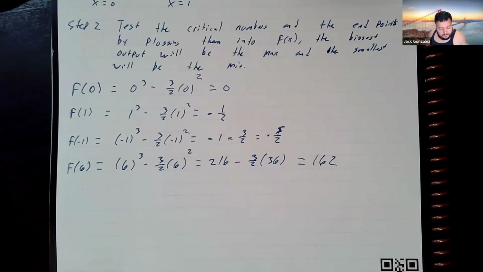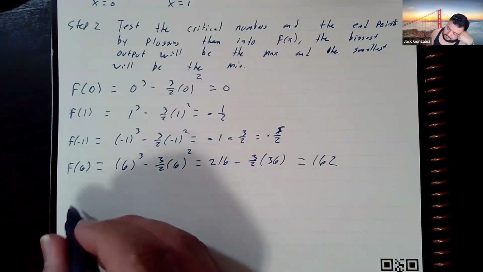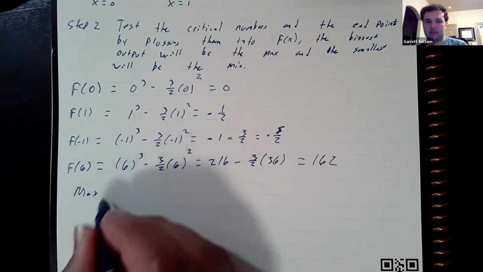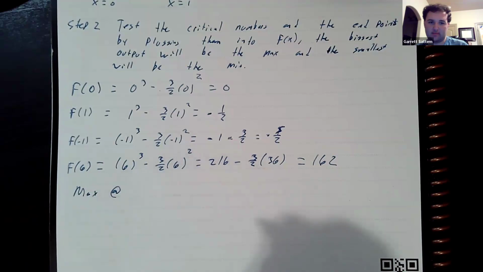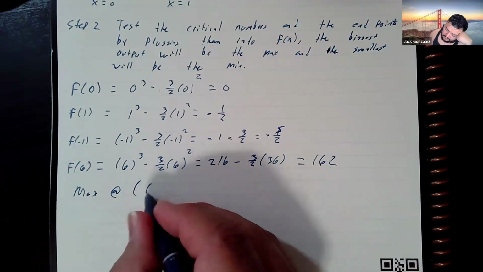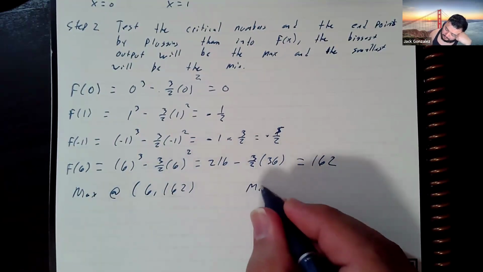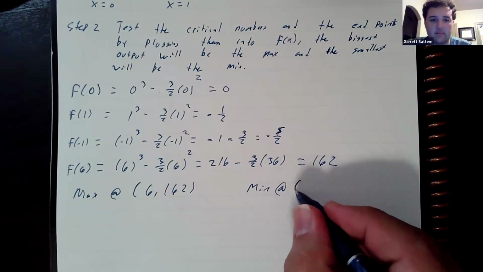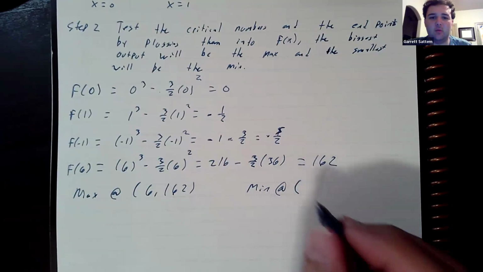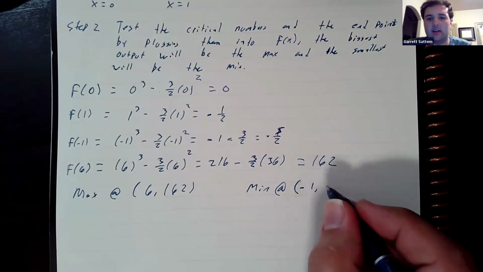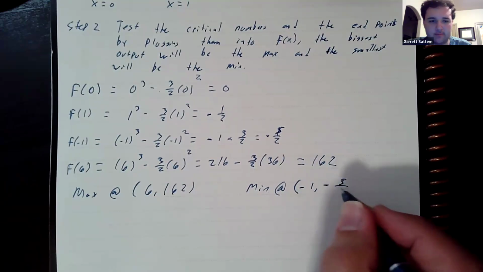So what's the biggest one? F of 6 is the max. Yeah, so the maximum is at 6 comma 162. What's the minimum? Negative 1, negative 5/2.